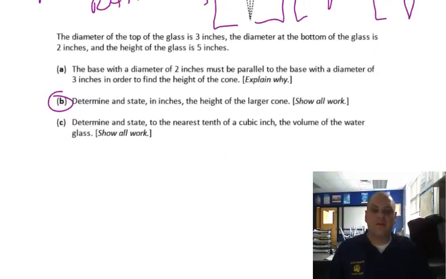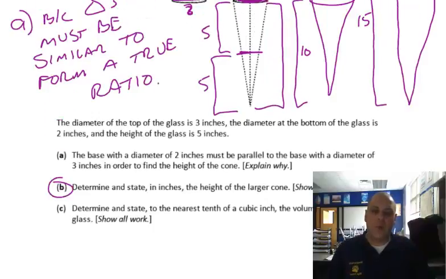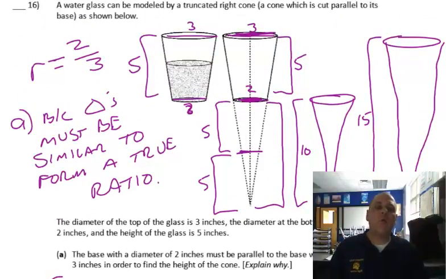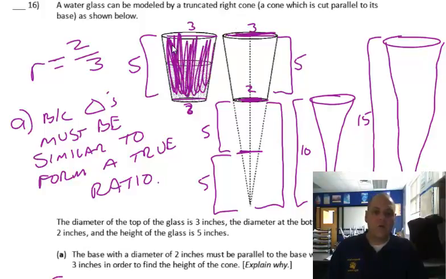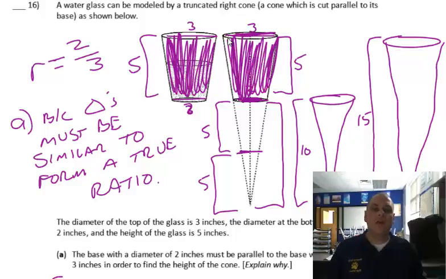Determine and state, to the nearest tenth of a cubic inch, the volume of the water glass. So we want the volume of the water glass, this right here. Basically we want to take the volume of the big cone and subtract the volume of the small cone, because that'll leave the purple.